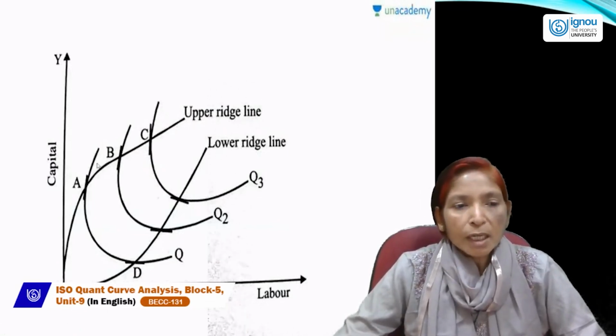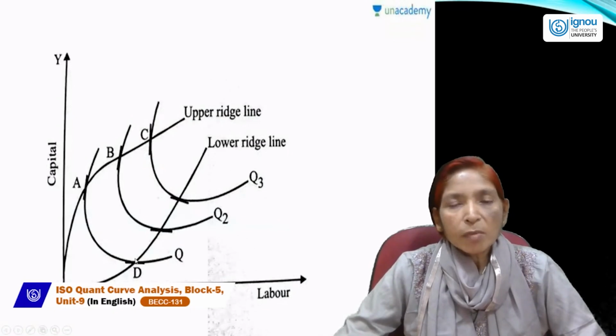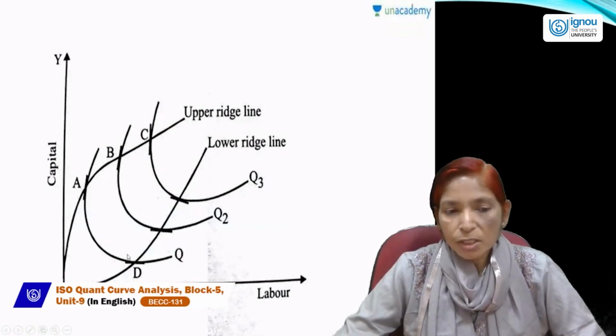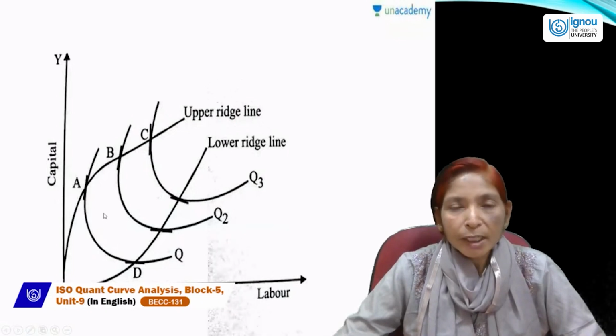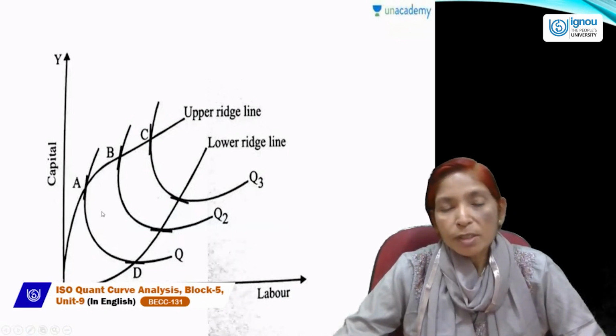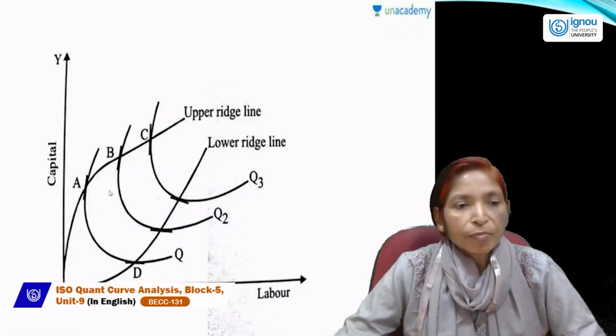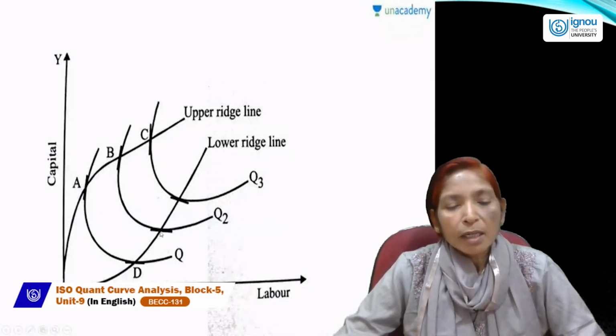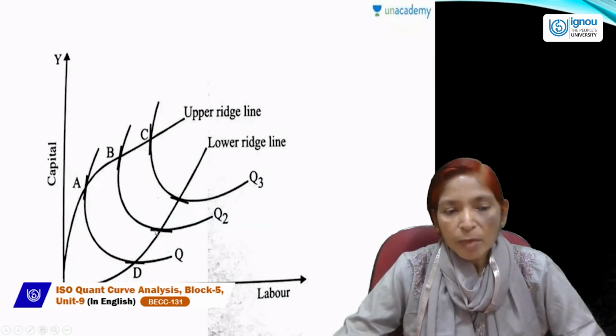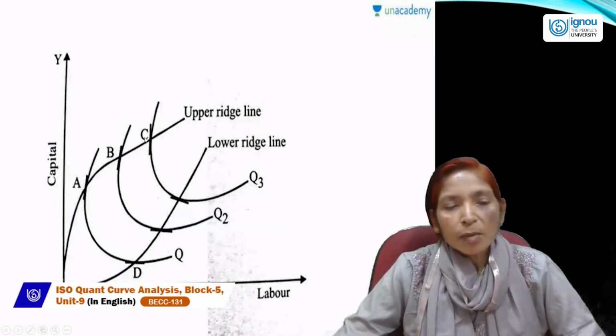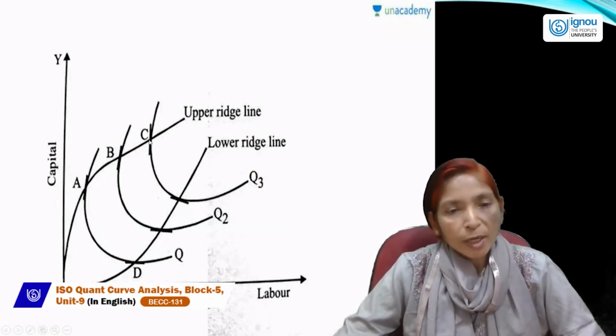Here point A on the first isoquant curve, A and D. A firm producing in between this range is in the economic region, where the firm can produce most efficiently using two inputs. Then B and E points, if we take these, are also economic region points, and point C is also an economic region point.